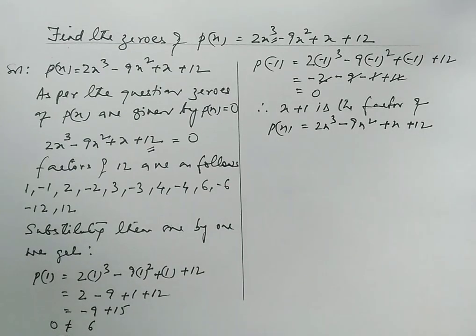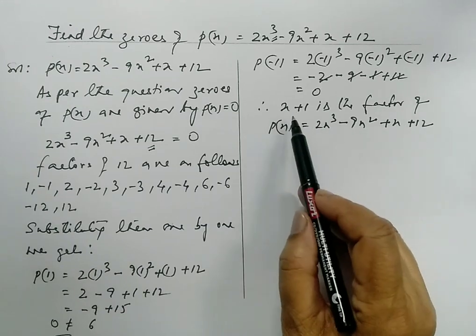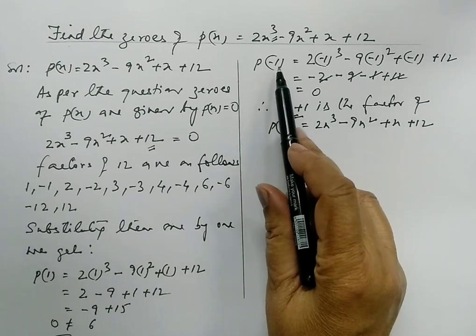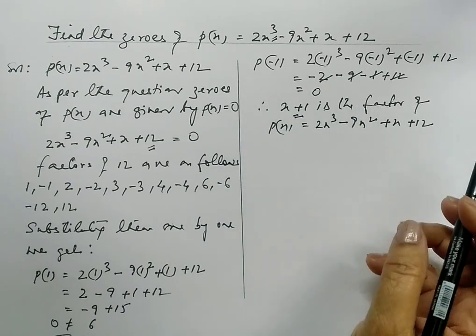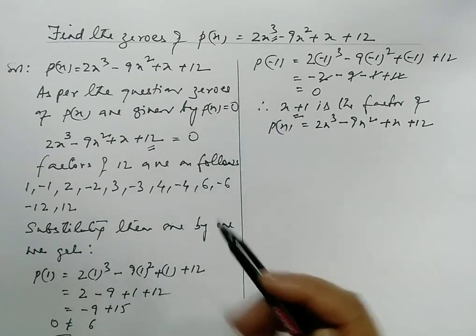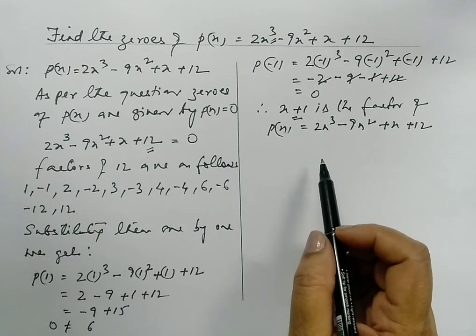Alright. So what do we do next? Since we found our first factor, we know that this is our first zero also. We have yet to find out the other two zeros. So what do we do then?